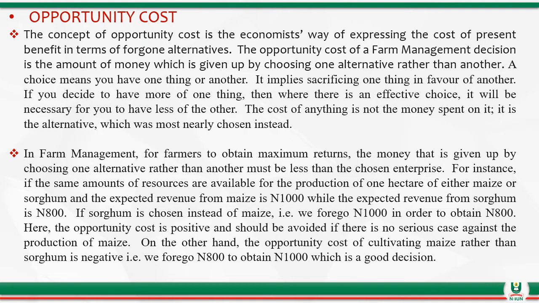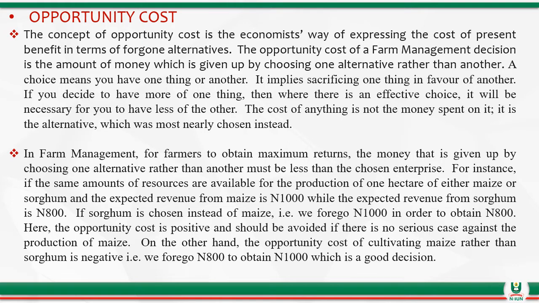So the cost of anything is not the money spent on it. It is the alternative which was most nearly chosen instead. In farm management, for the farmer to obtain maximum return, the money that is given up by choosing one alternative rather than another must be less than that of the chosen enterprise.